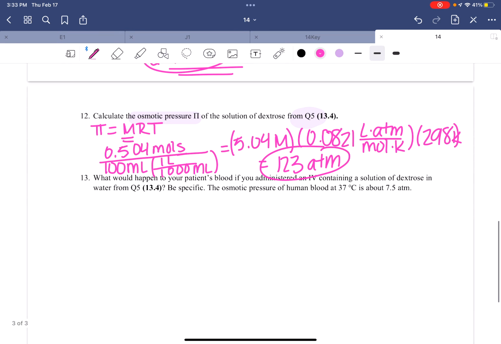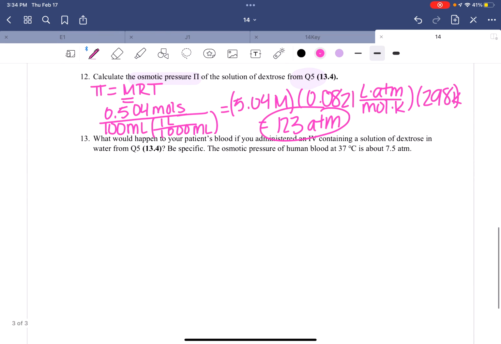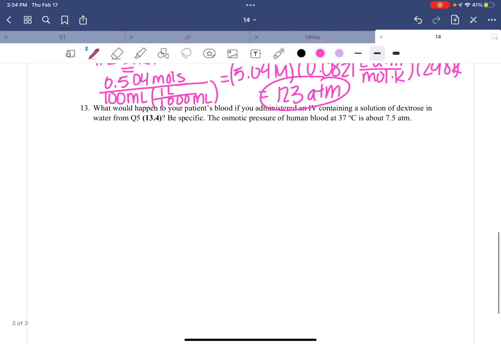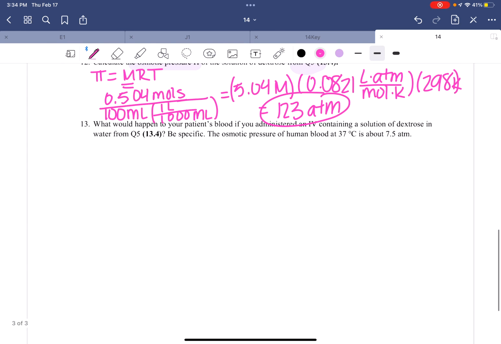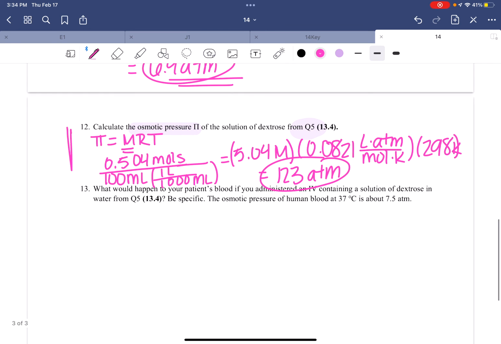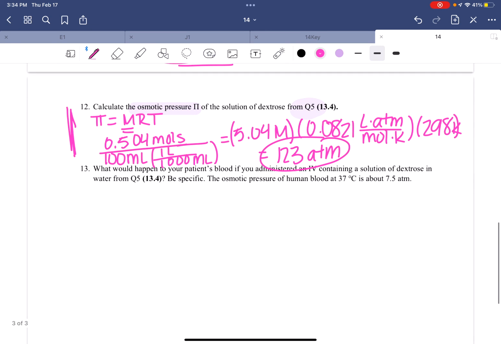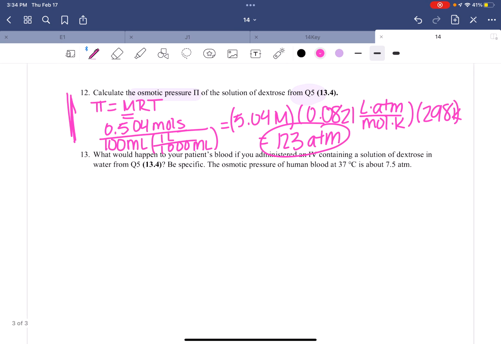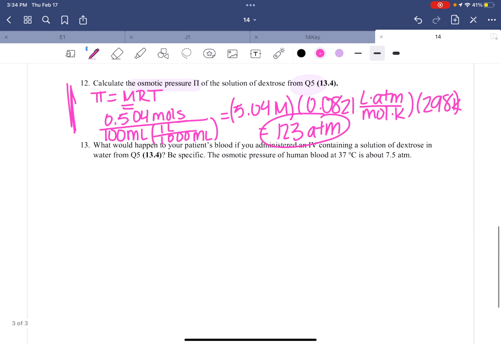And that's going to come in really handy when we go down to the last question, question 13, that's asking, what happens if you use this incorrect solution of dextrose as an IV solution in your patient's bloodstream? What's going to happen? And it gives us the information that the osmotic pressure of human blood is about 7.5 atmospheres.